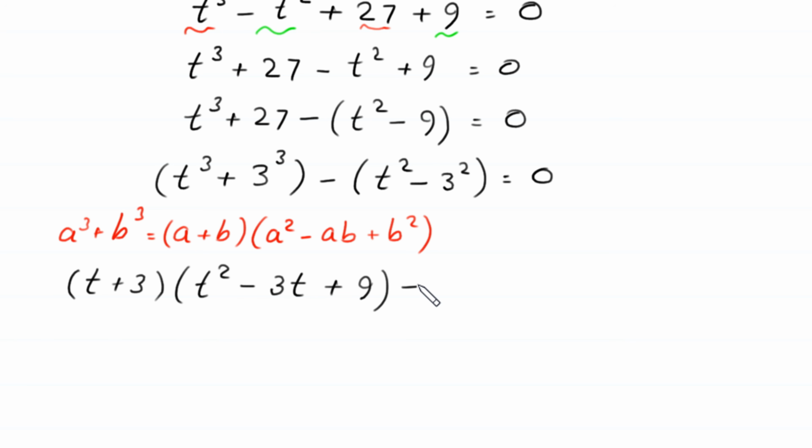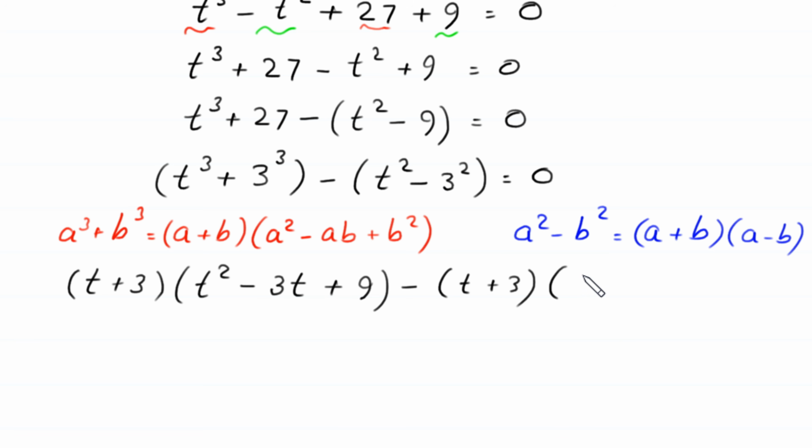Minus, by using the algebraic identity a squared minus b squared is equal to a plus b times a minus b, t squared minus 3 squared will become t plus 3 times t minus 3, is equal to 0.